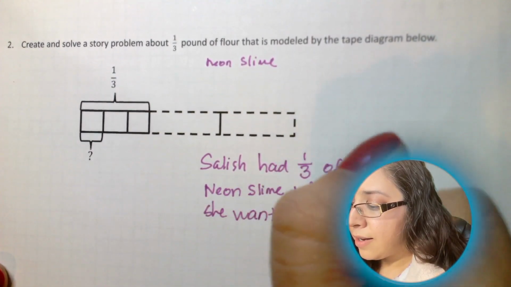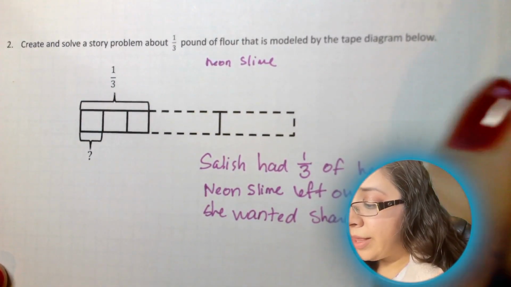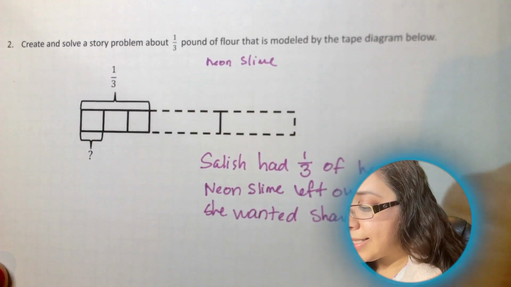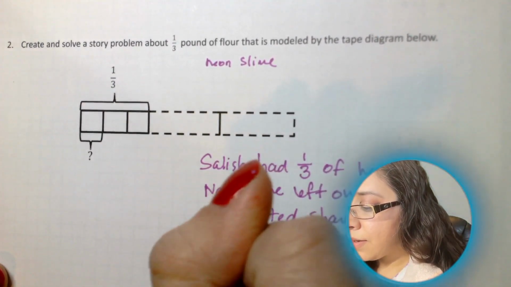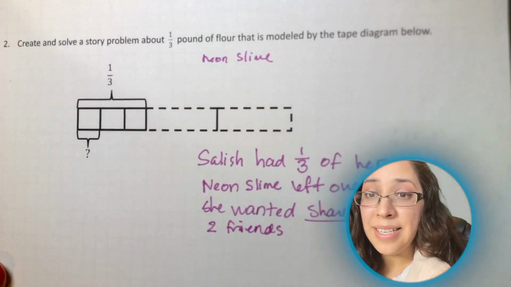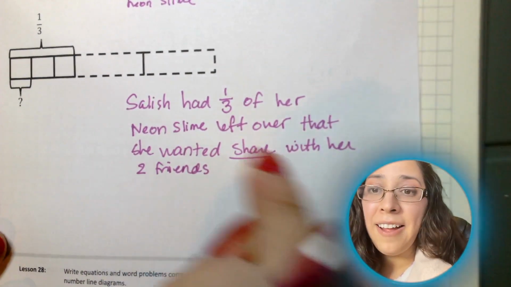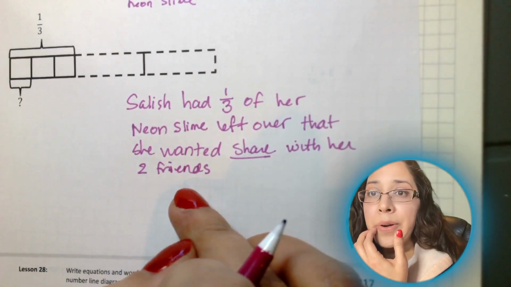All right. So the action is that she's trying to share it with how many people? With her 2 friends. So again, my clue is share because I'm not saying give. I'm not giving it, or rather, Salish isn't giving it away, right? She's sharing it with her 2 friends.